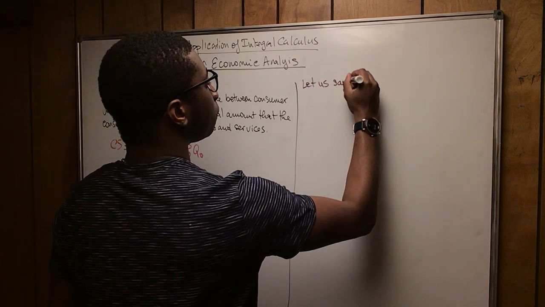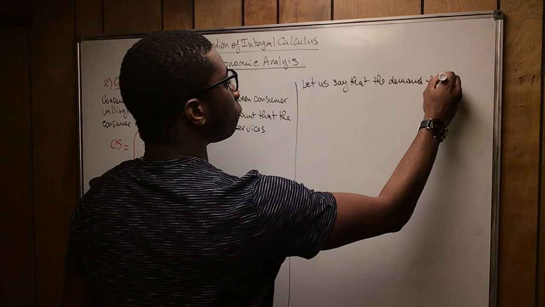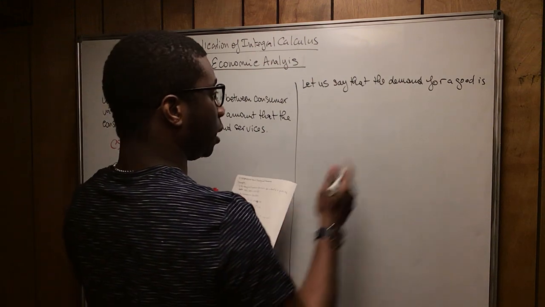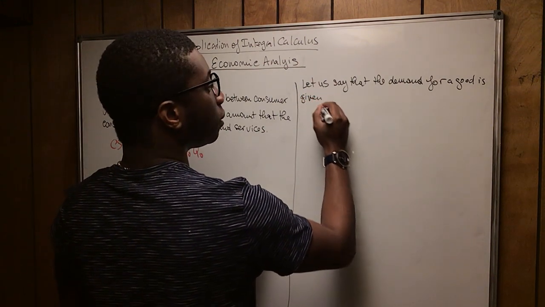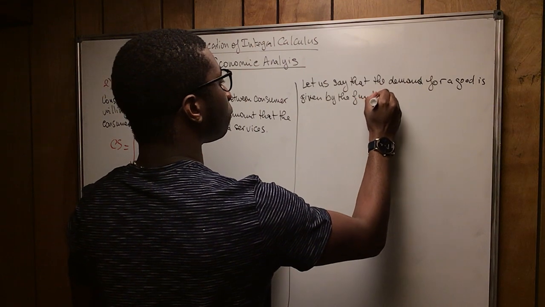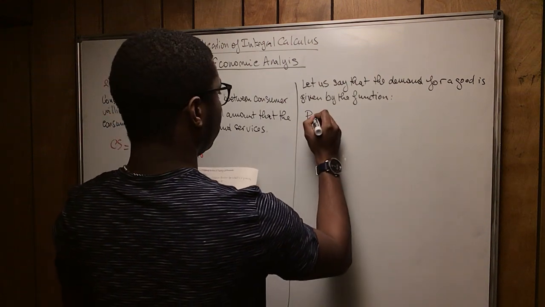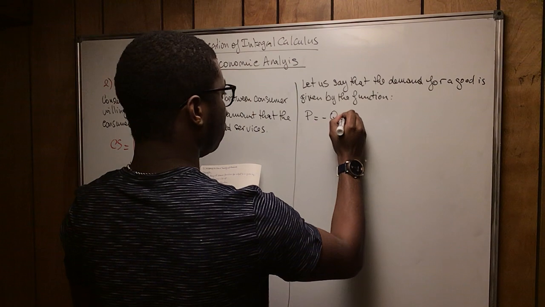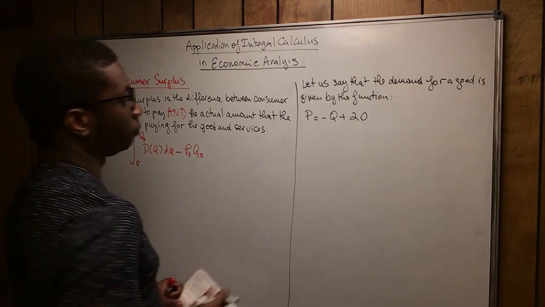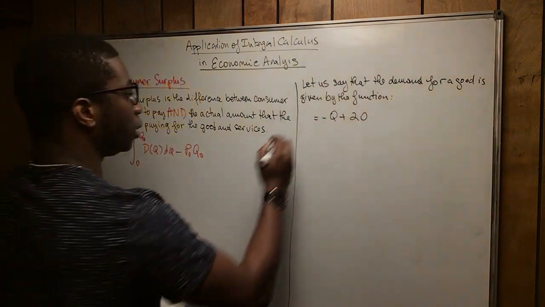Let us say that the demand for a good is given by the function P equals minus Q plus 20. Okay, so that's the demand, and let me put D because we say here is D(Q).